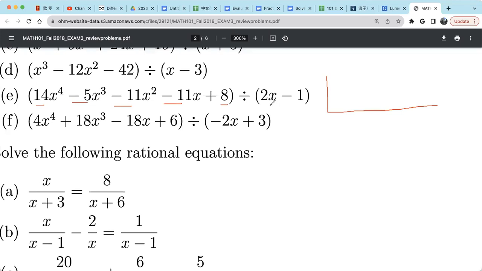No one's missing. 2x minus 1, we're going to write as 2 times, factoring out, x minus half. Okay, let's write down those numbers. 14, -5, -11, -11 again, 8. Then outside, we have half.